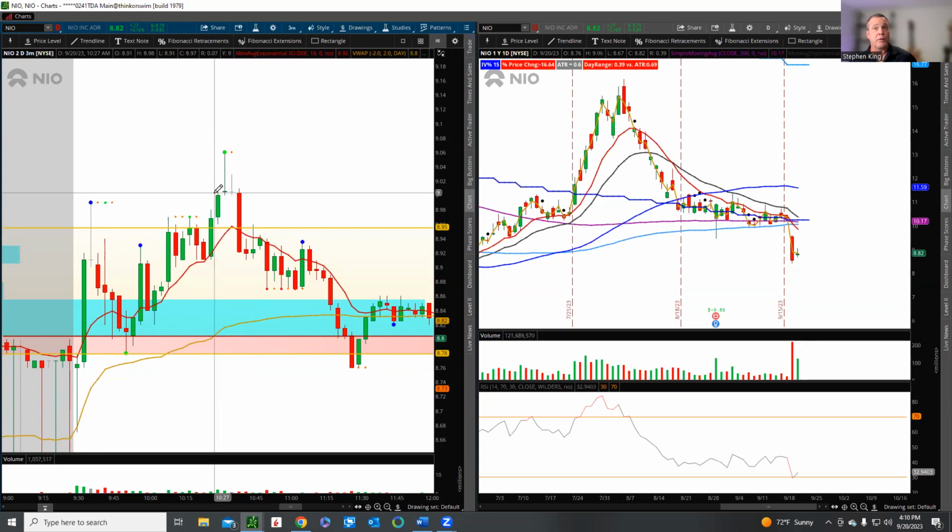And it's right when it's making the new high of the day. So that is something that catches my eye. I look at that and I go, okay, volume picked up as it broke the high of the day and actually closed above the high of the day. Volume picked up, but it's a smaller candle than what I saw over here. So that is what will catch my eye.